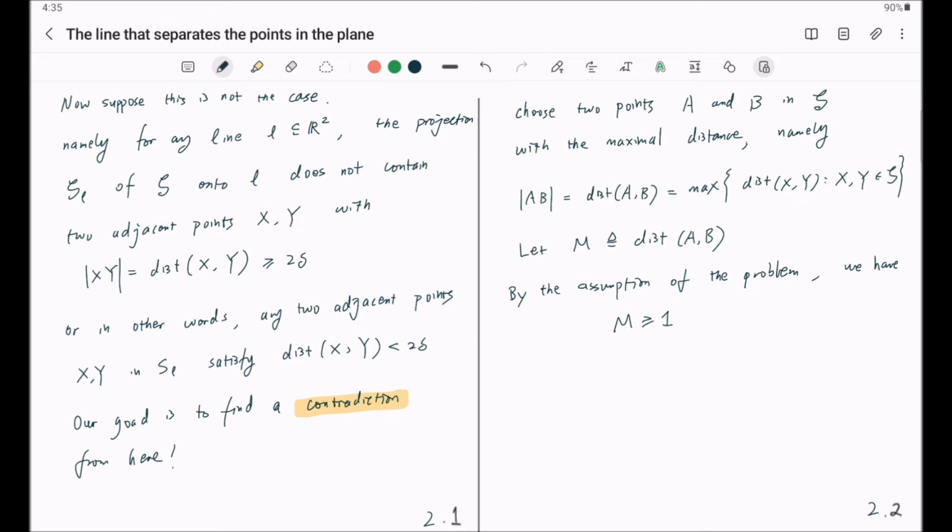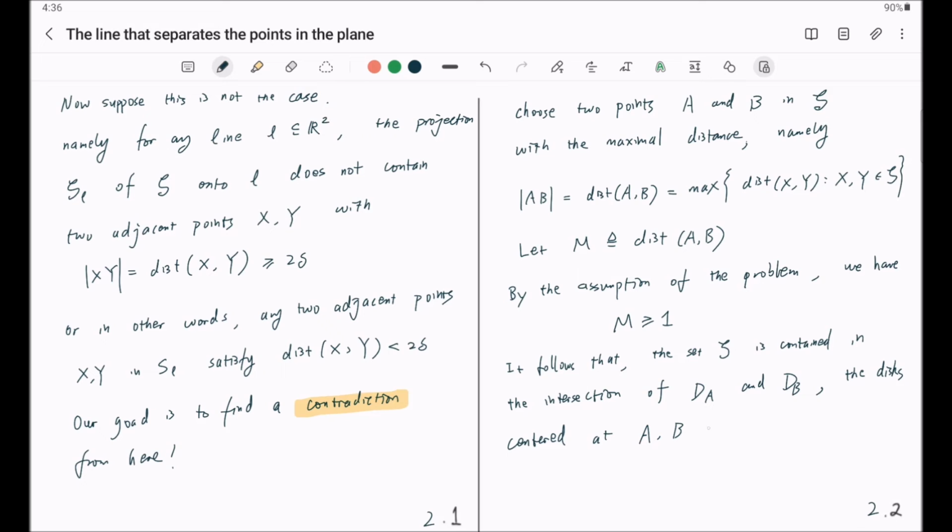And it follows that the set S is contained in the intersection of D_A and D_B, the disks centered at A and B with radius M respectively.